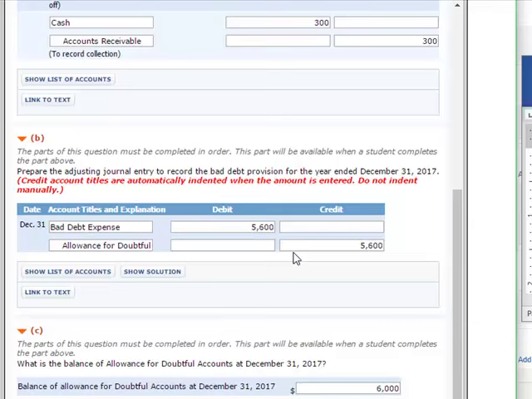So looking down here in Part B, we see our adjusting entry that we'll make at the end of 2017, debiting bad debt expense, like we always do in our adjusting entry, and crediting allowance for doubtful accounts. So that $5,600 that we're adding to our allowance account is going to bring it to the $6,000 balance that we want. And again, remember, the $6,000 balance represents our best estimate of future bad debts.